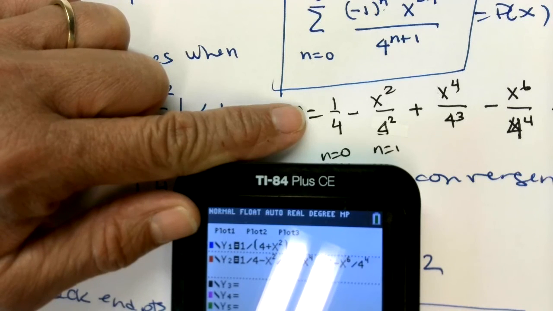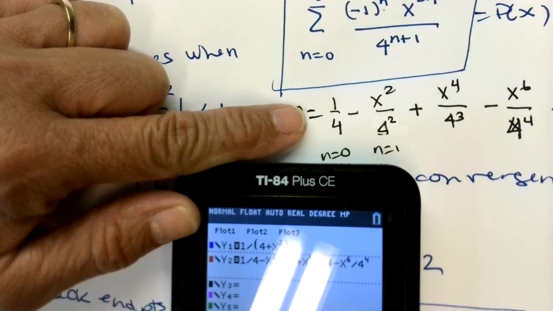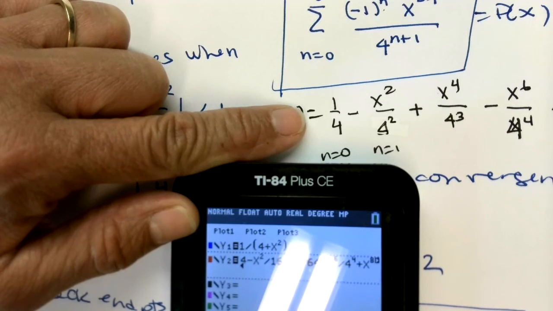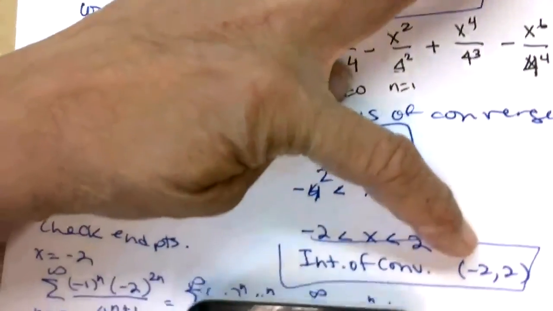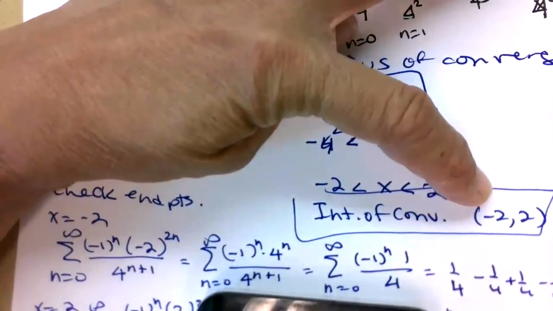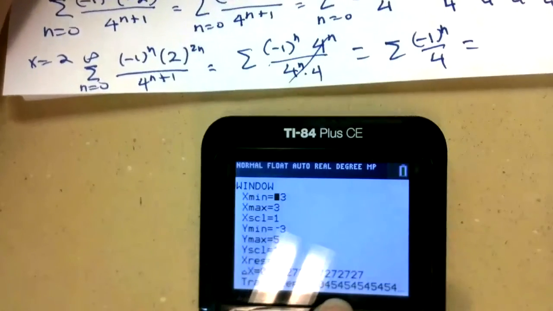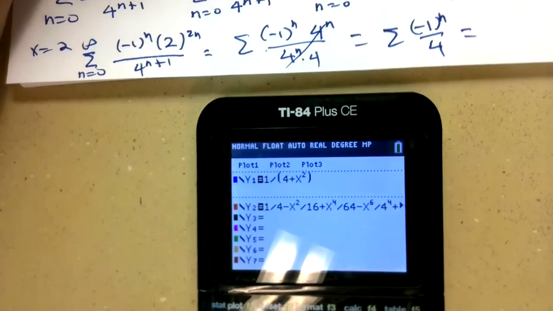Okay, I don't know that one off the top of my head. Okay, the last one, plus x to the 8th over 4 to the 5th. Okay, so now my interval of convergence is negative 2 to 2, so I'm just going to make sure I've got that on my window. Let me show you my y equals in case those were off.